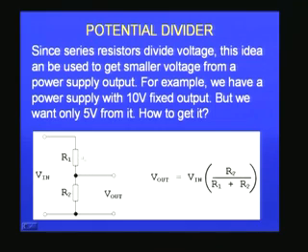And therefore, if R1 is 100,000 ohms, then you can imagine the current which will come to the output circuit will be limited by the R1 resistor which is in series.